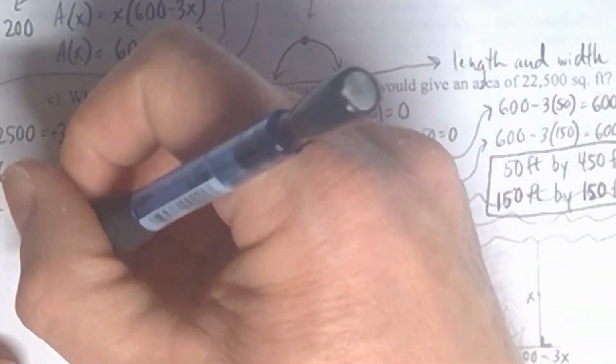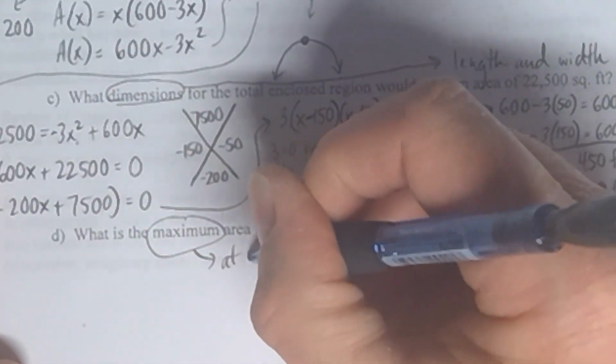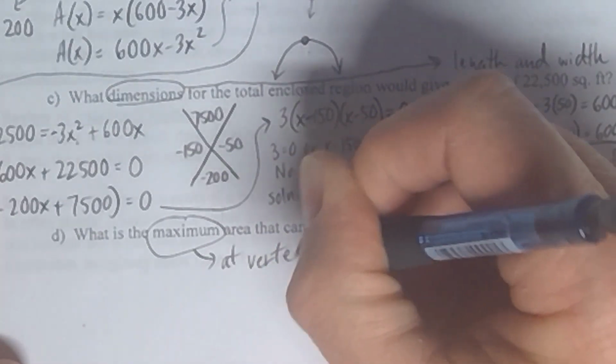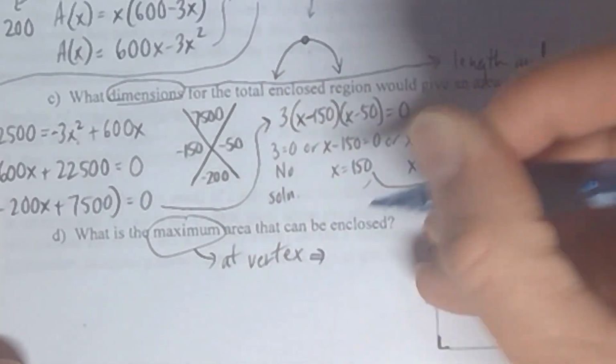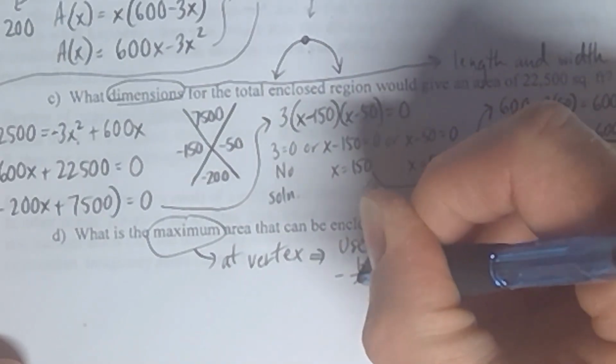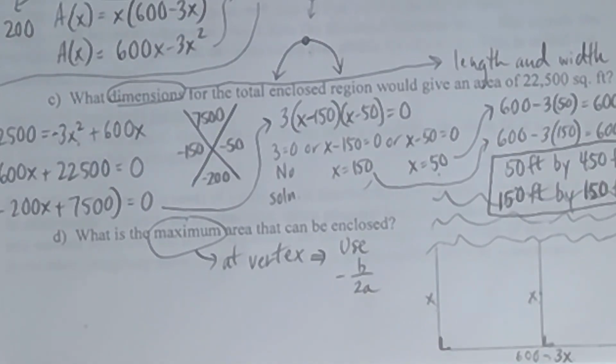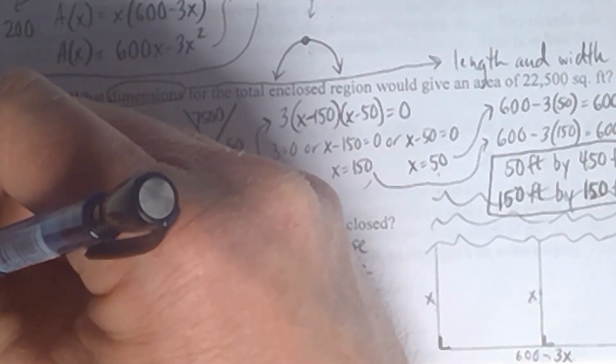Let me write this down. At the vertex, and because it's at the vertex, we're going to use negative b over 2a in order to find that out. And so let's figure out negative b over 2a again.